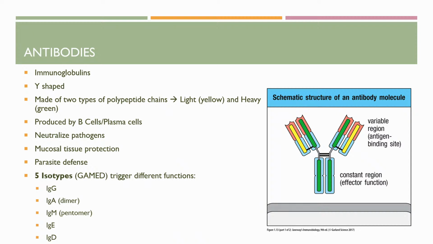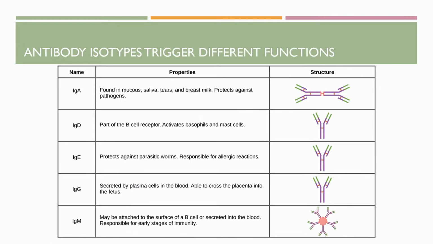There's this variable region near the tip of the antibody that can differ from molecule to molecule in countless ways, allowing it to specifically target an antigen, because they have to be specific. Different antibody isotypes trigger different functions. When you see antibodies, you should know that we're talking about immunoglobulins.